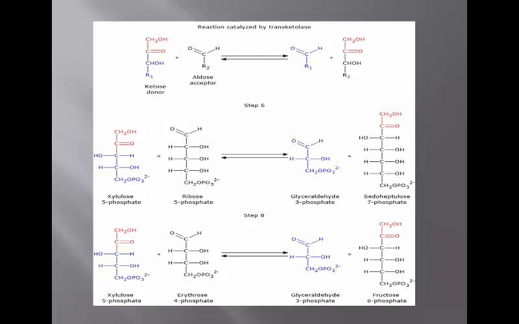So the first hexose sugar, fructose 6-phosphate, is formed. The remaining 3 carbon unit forms glyceraldehyde 3-phosphate. These are the 2 transketolation reactions.